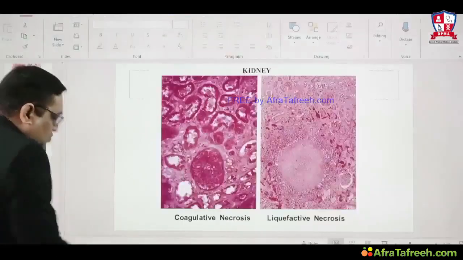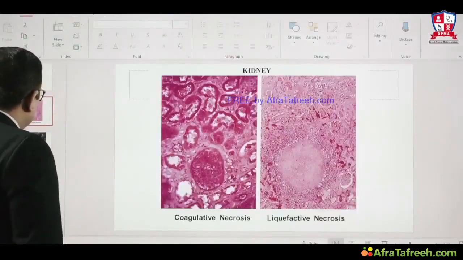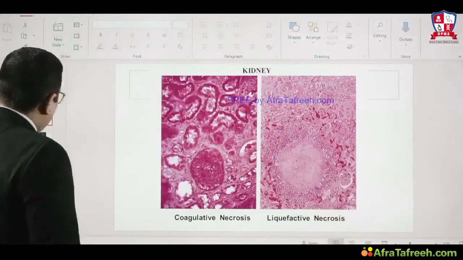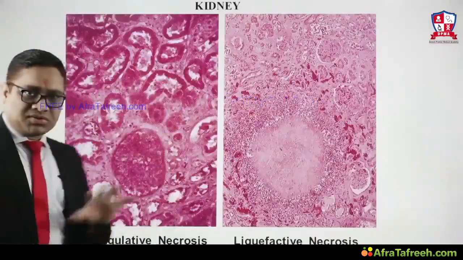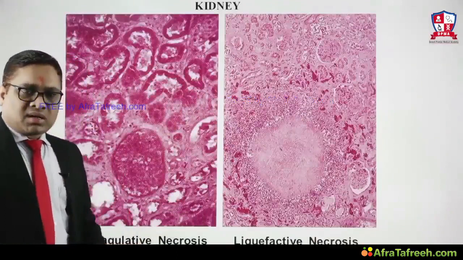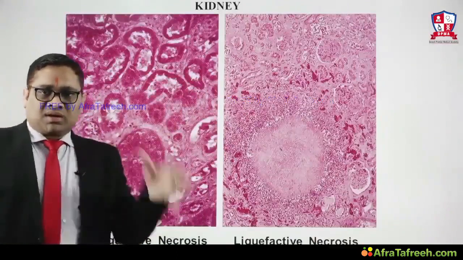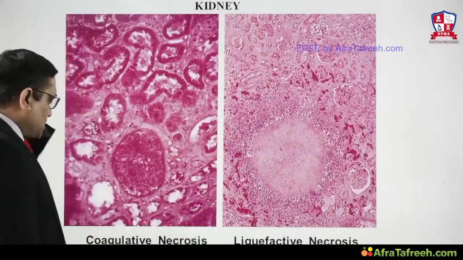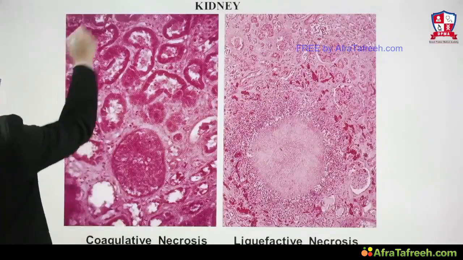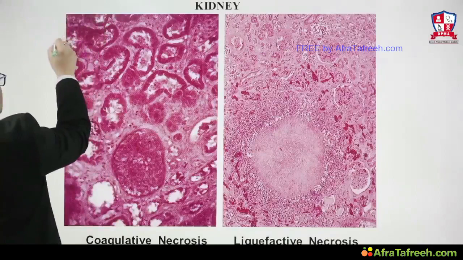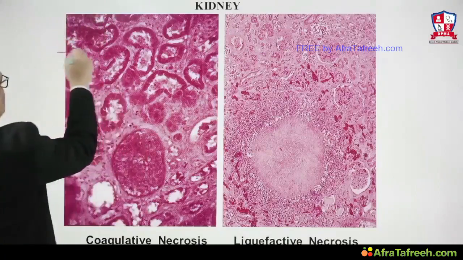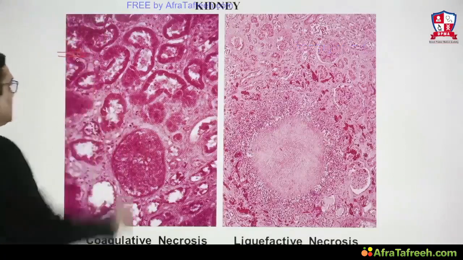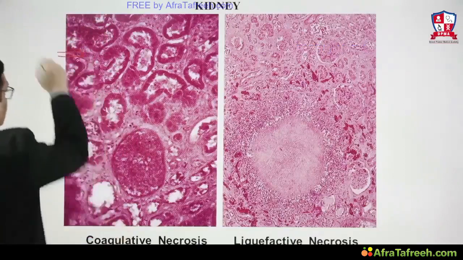Here I would like to show you the picture, the diagram of coagulative and liquefactive necrosis, so that we can understand why I said that in coagulative necrosis the tissue architecture will be preserved. Now look at this one. This side I am showing you is the coagulative necrosis, right?